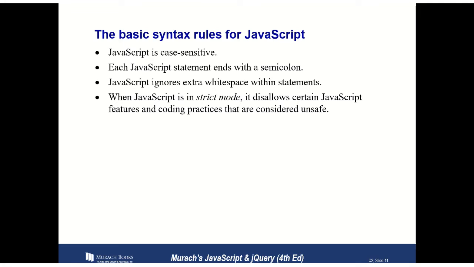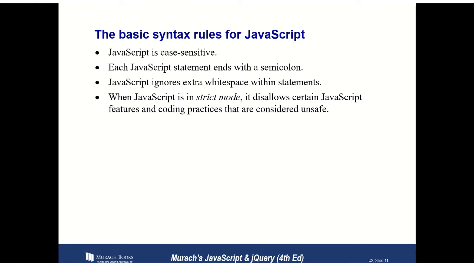However, doing so leads to some unexpected behavior which can lead to bugs that are hard to track down. So basically, mentioning strict mode means you have to define all the variables, what type of variable it is, using the keywords.